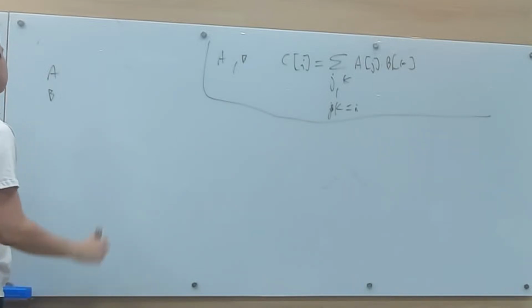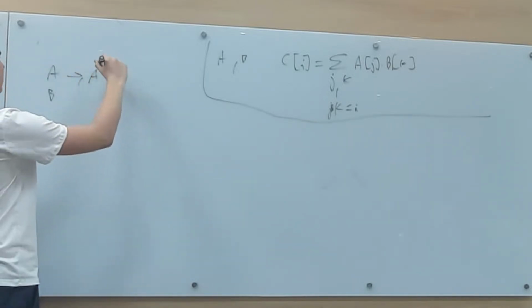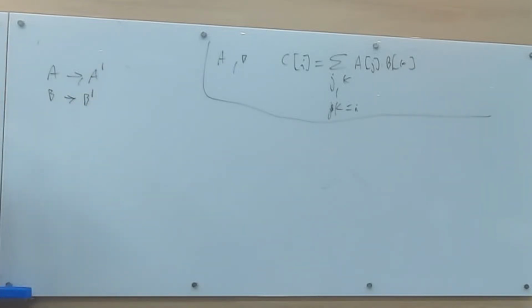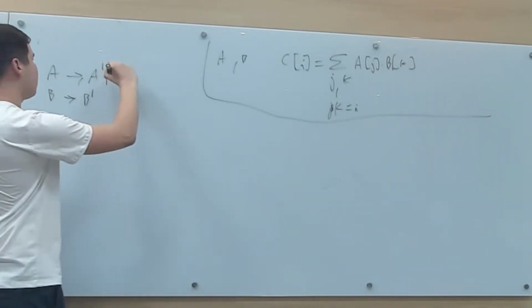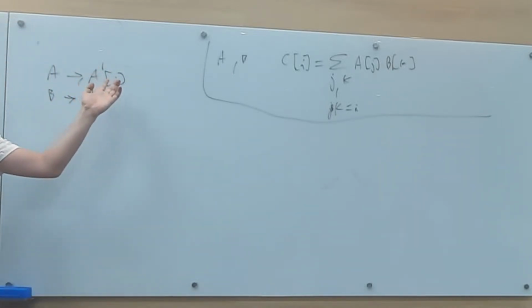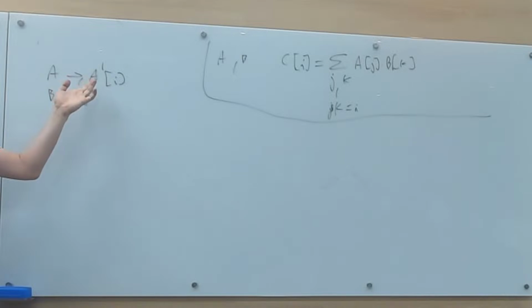So let's calculate sum over subsets on A and sum over subsets on B. This means that A'I is the sum of weights in I.